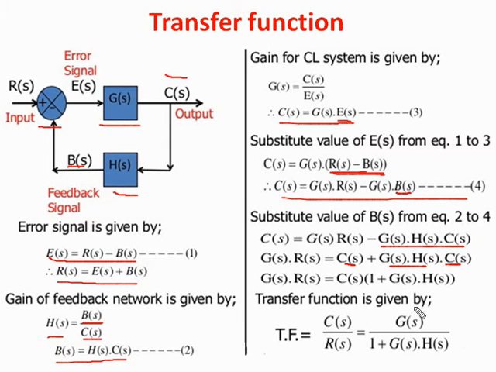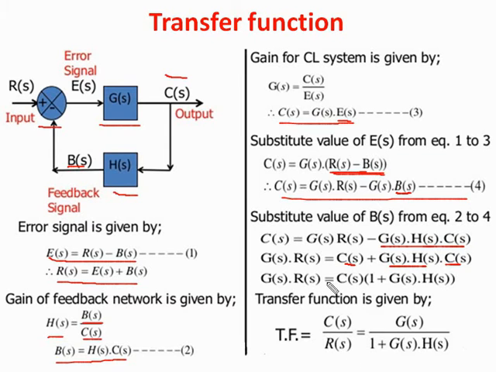So the transfer function is given by the Laplace of output to the Laplace of input. For the overall block diagram, the output is C(s) and the input is R(s). So the transfer function is C(s) by R(s).